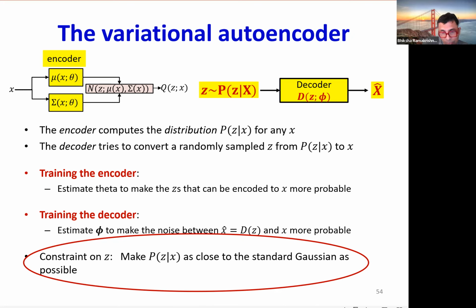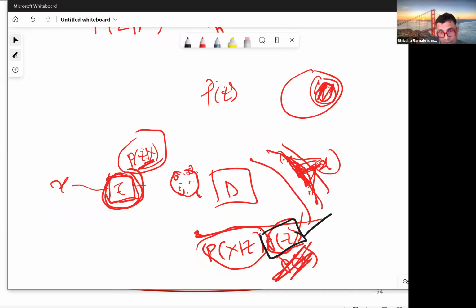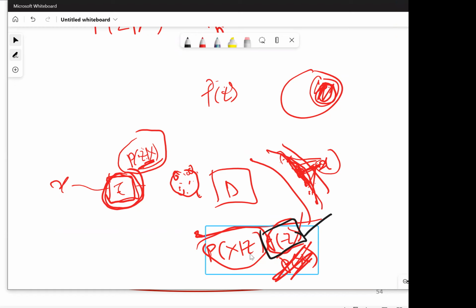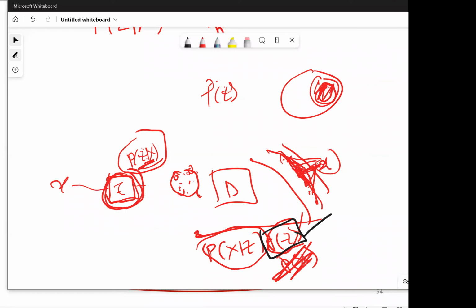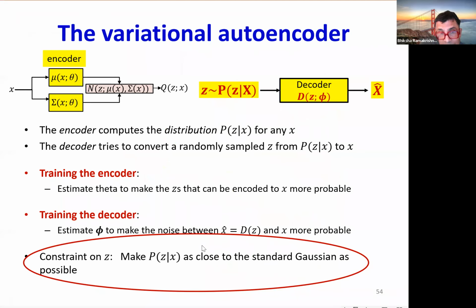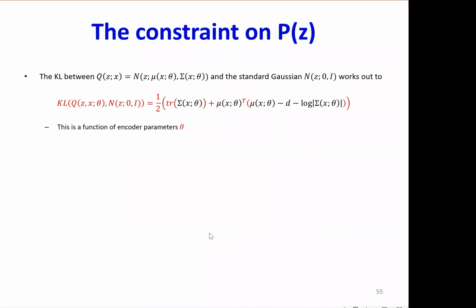But then, as Oscar pointed out, that somehow left out this term, P of Z. We were optimizing P of X given Z, not P of Z given X, right? If I want to optimize P of Z given X, I should also maximize P of Z. But P of Z is a standard Gaussian. No, Z is the specific samples that you observed. So you want to maximize the probability of the specific Z that you observed as computed using a standard Gaussian.